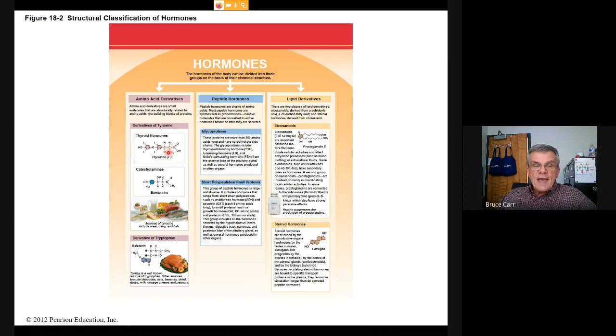It has a CH2 bonded to a 6-sided benzene ring with 2 iodines attached to a connecting oxygen to another 6-sided ring with 2 iodines attached. So modifying tyrosine gives you this big hormone called thyroxine, a T4 hormone.